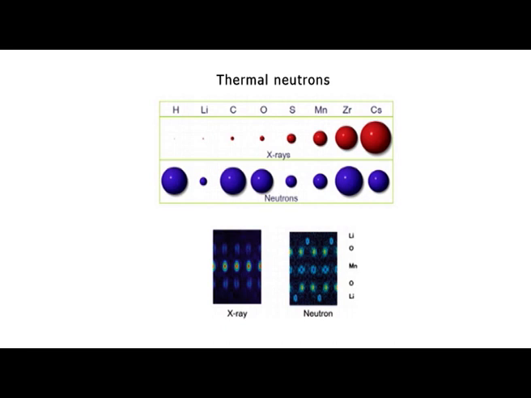For those who are not really used to the term thermal neutrons, let me briefly put it like this. In a typical nuclear reactor, you will have different kinds of particles coming out depending on the kind of nuclear reaction which happens there.